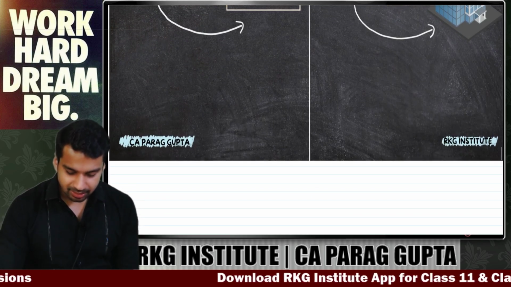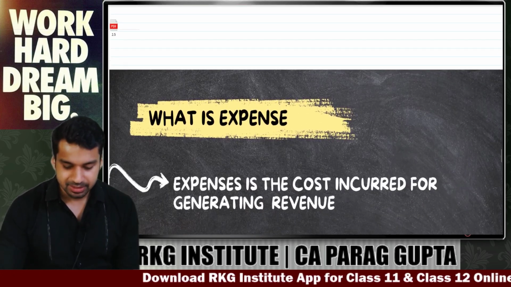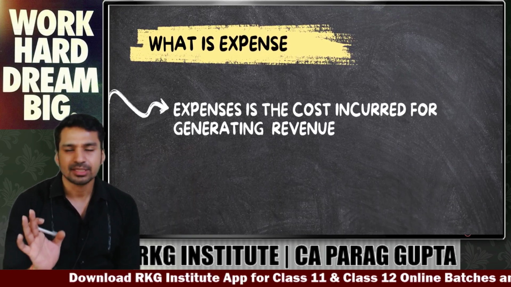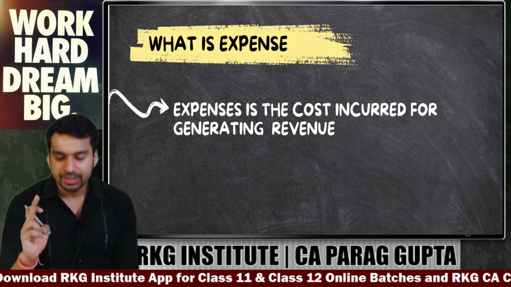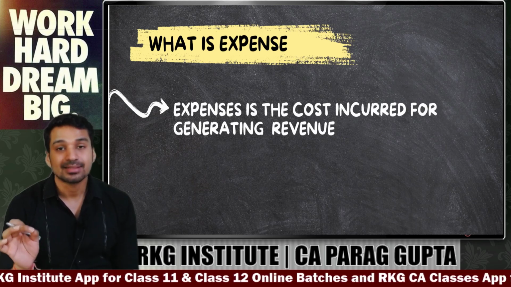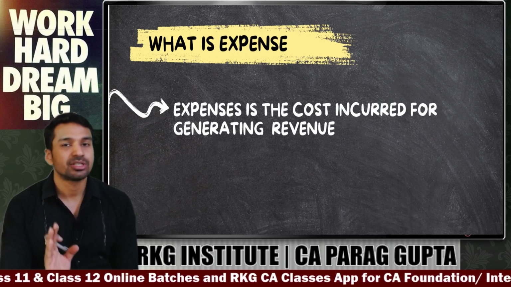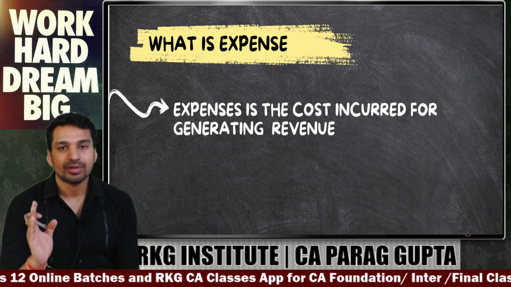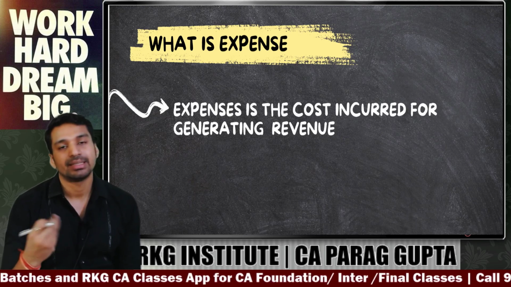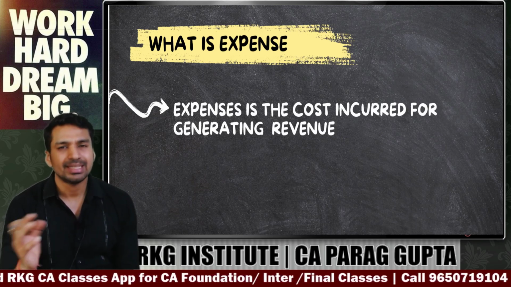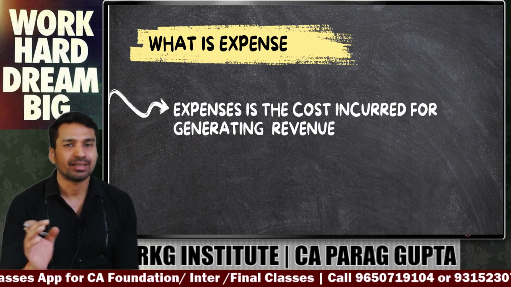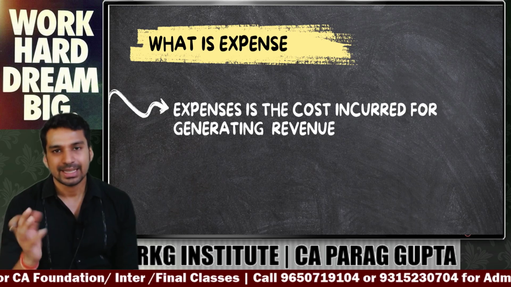There is one other expenditure as well, which I will be discussing later. But one term comes before that, that is expense. Expense is nothing but revenue expenditure only. So what you have understood as revenue expenditure, that is expense only. These two terms are generally given separately, but you can take them as one.